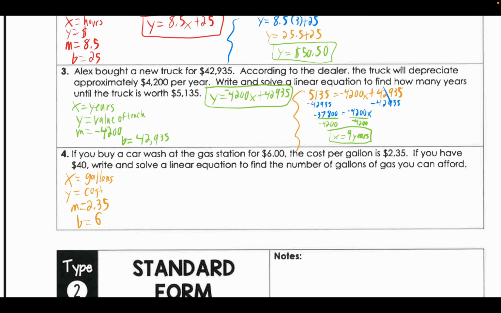And then we're going to find an equation to find the total amount of money you're spending at the gas station to get the car wash and the gas. And so this would be y equals 2.35x, $2.35 for every gallon, plus $6 for the car wash. So now, as we're trying to use the second equation, we're saying, okay, you have $40. How many gallons of gas can you use if you're getting the car wash?